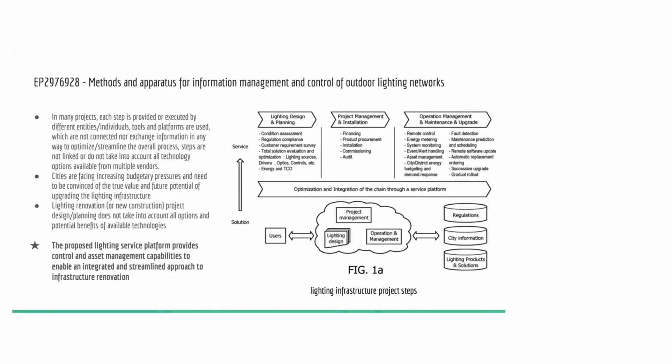And typically each step is provided or executed by different entities or individuals, like vendors, contractors, lighting designers, facility managers, etc. And different supporting tools and platforms are used, which are usually not connected and do not exchange information between each other in any way to optimize the process in general.